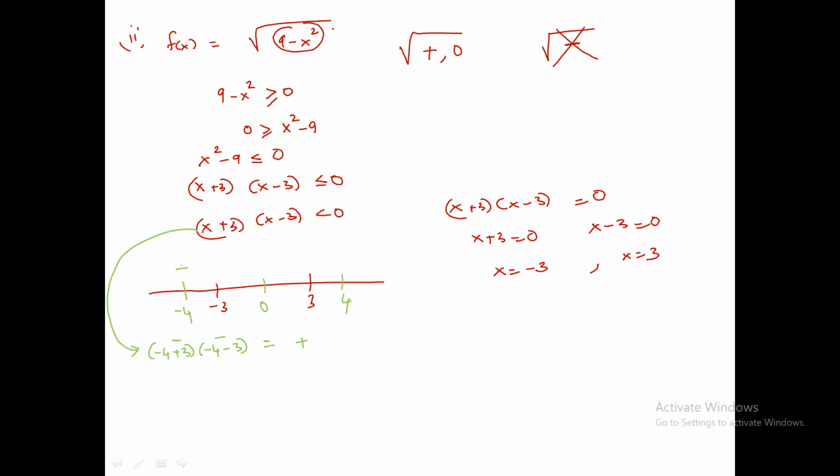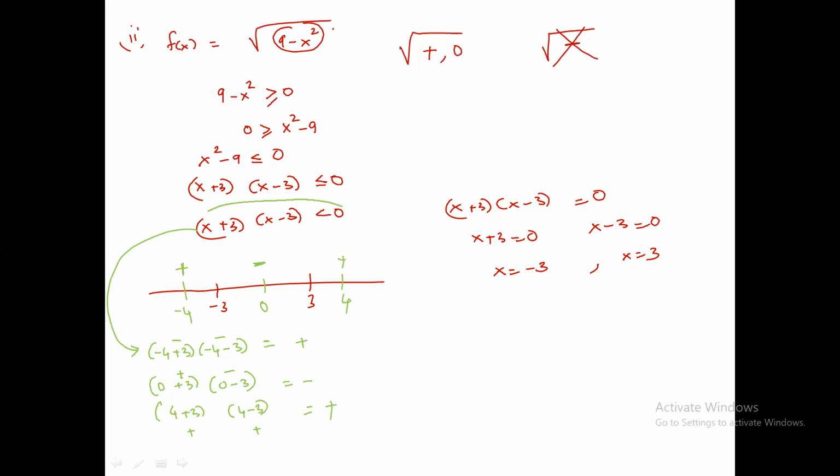If you put x as 0, 0 plus 3, 0 minus 3, this is positive, this is negative, so you're getting a negative answer. If you put x as 4, 4 plus 3 into 4 minus 3, both are positive, so the final answer will be positive.